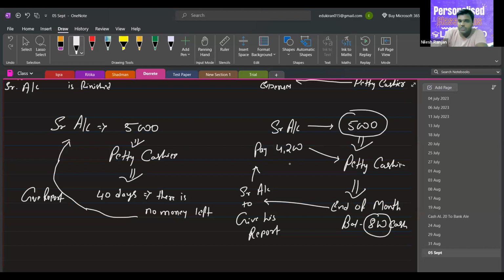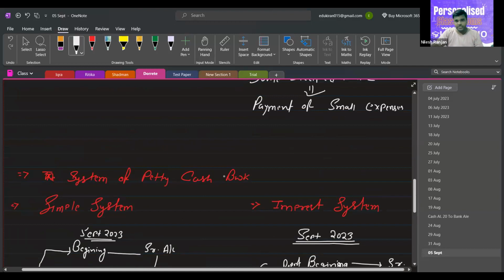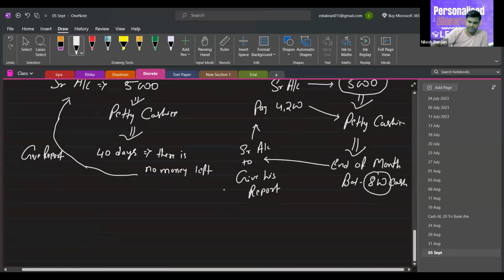So if we pay 4,200, it will become 5,000 again. So this is our imprest system. Please write these two: the system of petty cash book, the simple system and the imprest system.